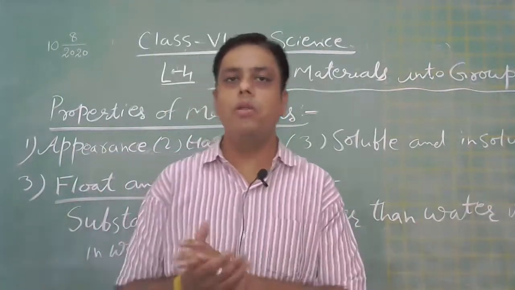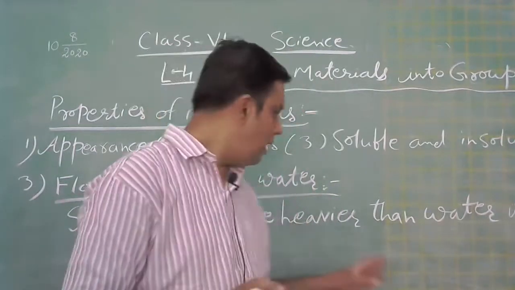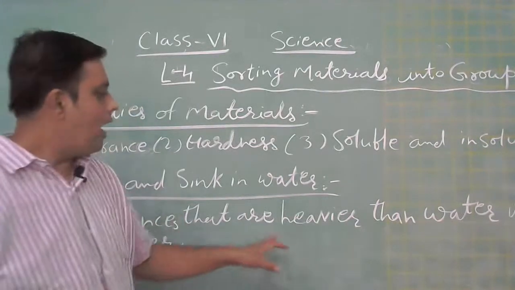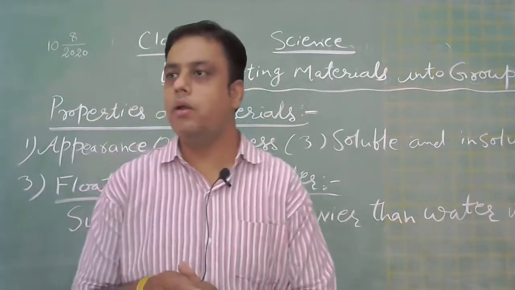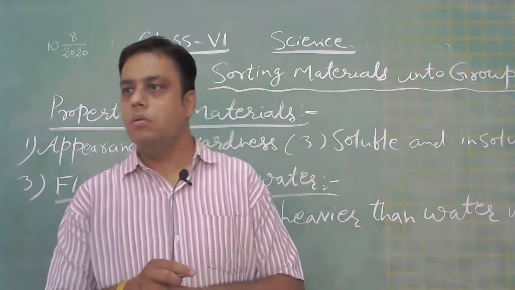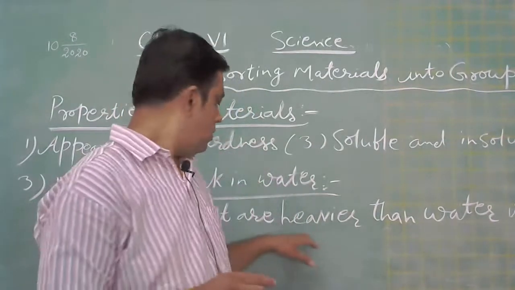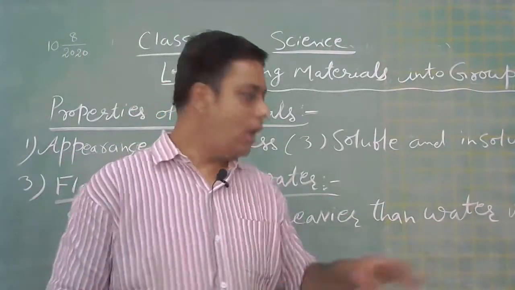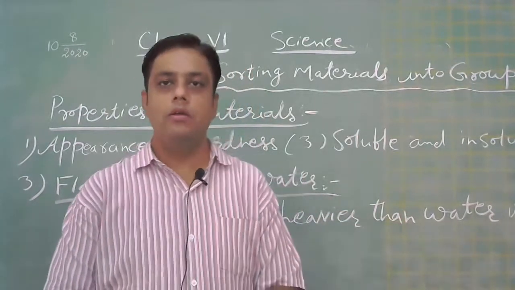Now we are talking about the things that are floating in the water. What is just the opposite of that? Substances that are lighter than water will float in the water. So that will float because they are lighter than the water.